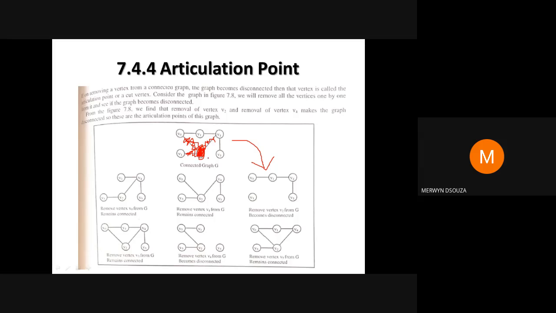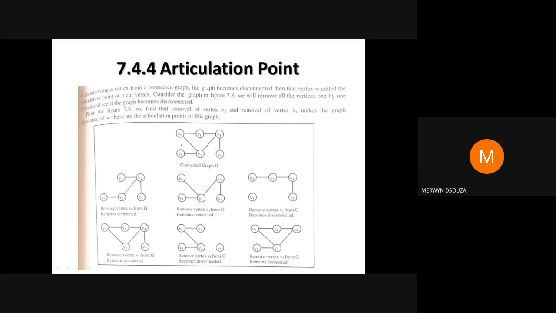So when you remove a vertex, and its removal causes the disconnection of the graph, that vertex will be known as the articulation point. You can check by removing the other vertices; for most of the other vertices, the graph remains connected.